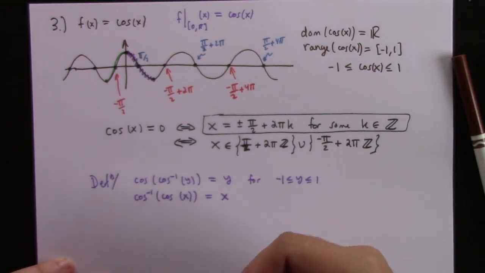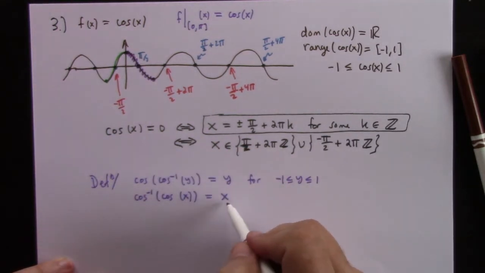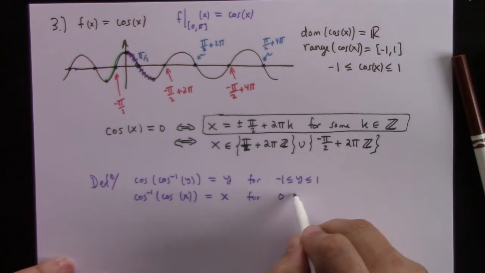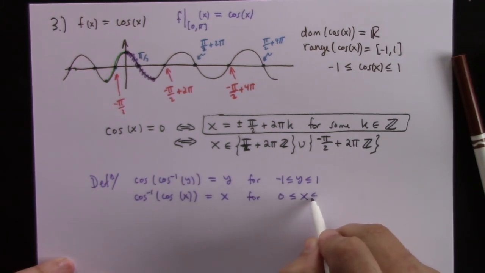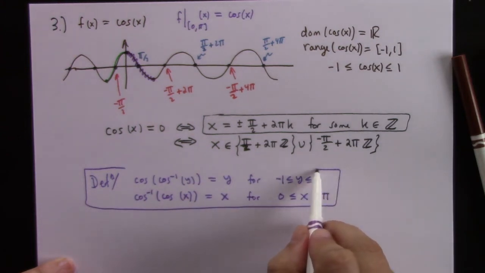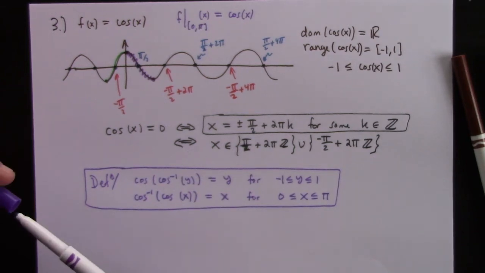In other words, where we restrict cosine to this little subinterval, x has to be in there if we're going to get back x again. And so that's only true for 0 less than or equal to x less than or equal to pi. And that's the definition. I could do another example, but I'm not going to. All right, so there's inverse cosine.